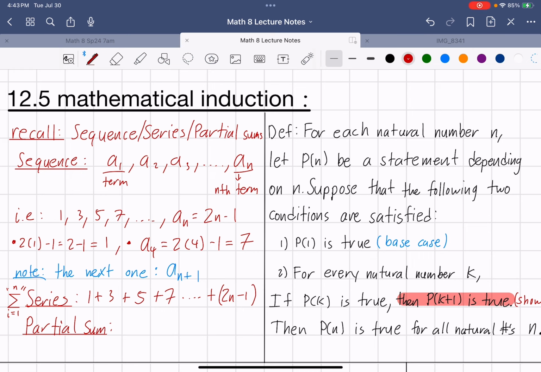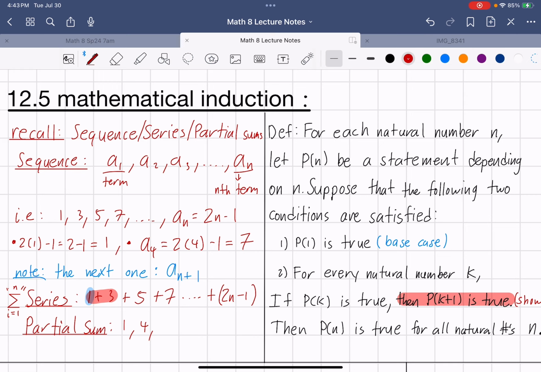Now, for example, if I just look at 1, that would be the number 1. Let's say the first one is just 1. But if I want to add 1 with 3, that's going to give me 4.